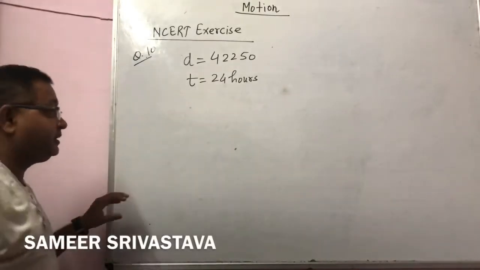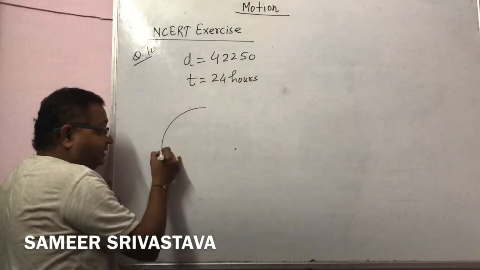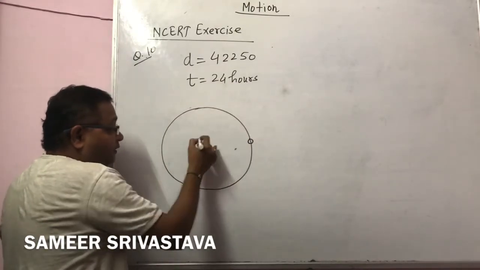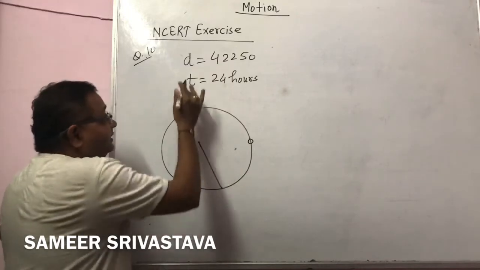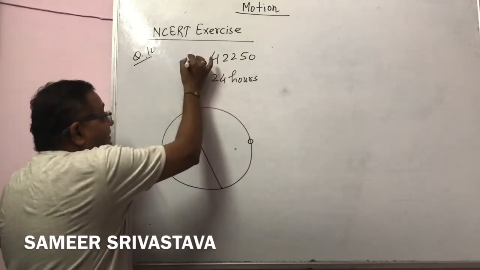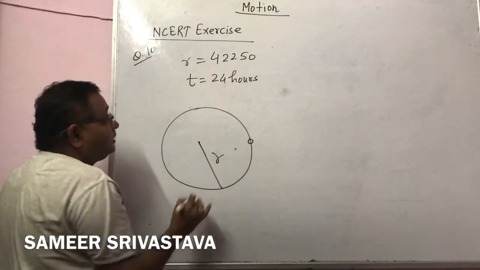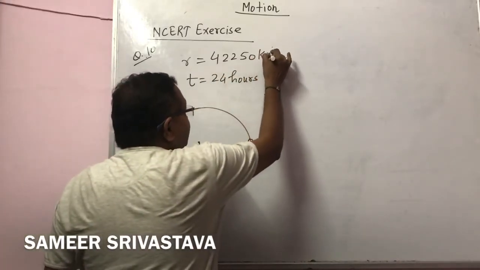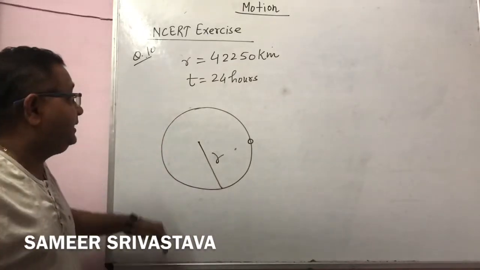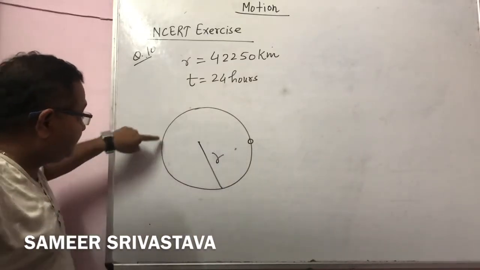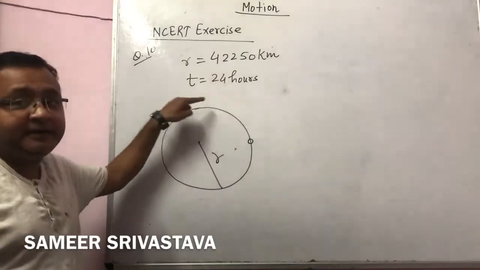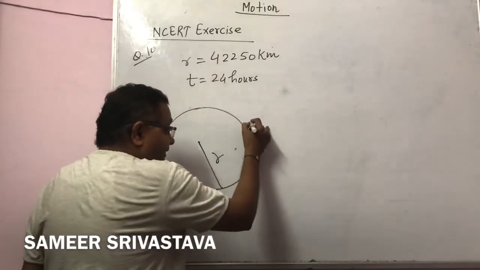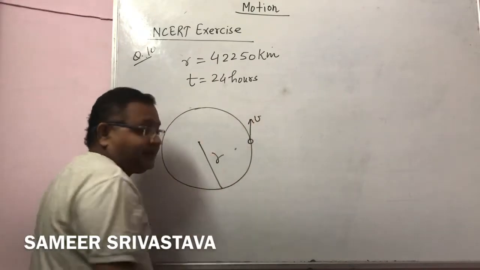In this question says a artificial satellite moving in a circular path of radius is given as 42,250 kilometer. Okay. And the time to complete a one circular path is 24 hours. We have to find the speed of satellite.